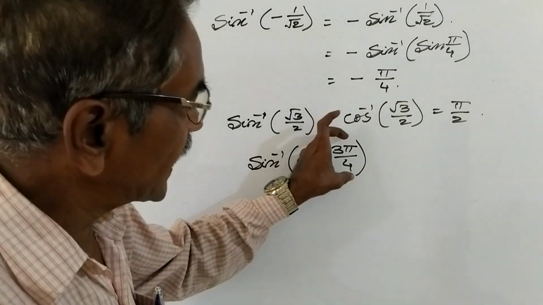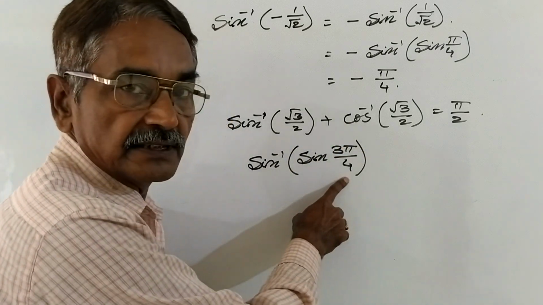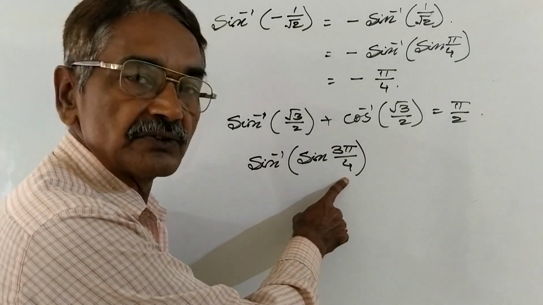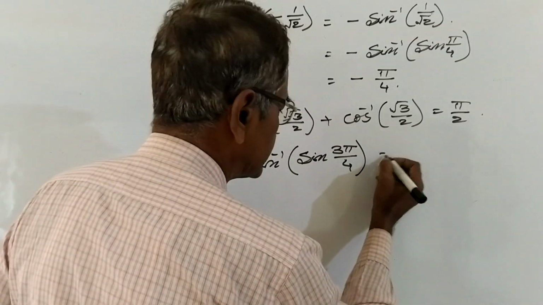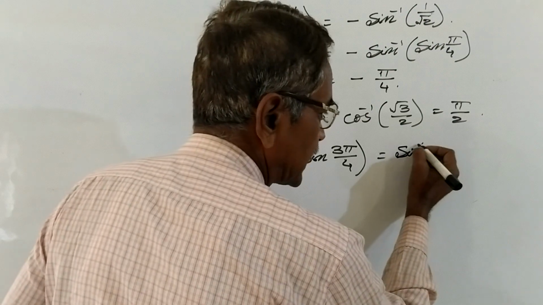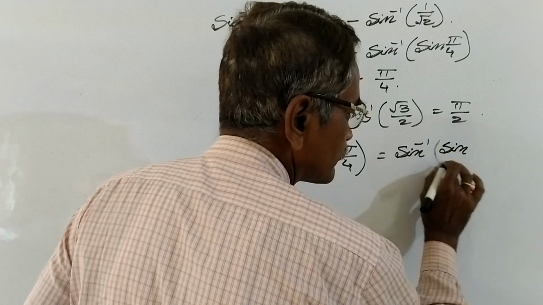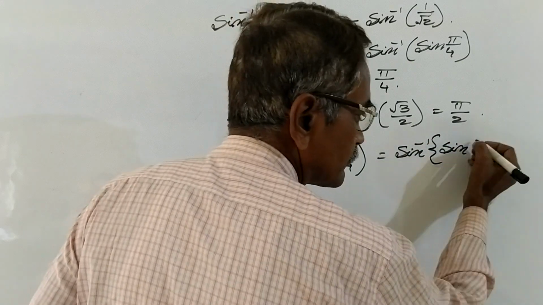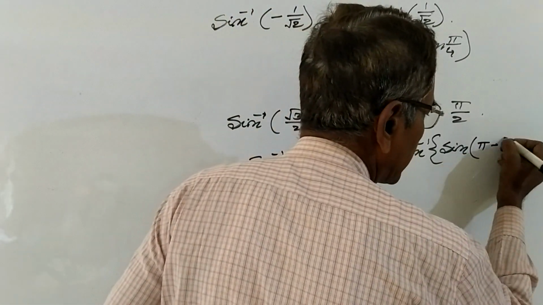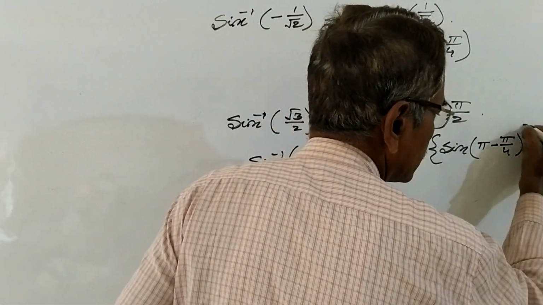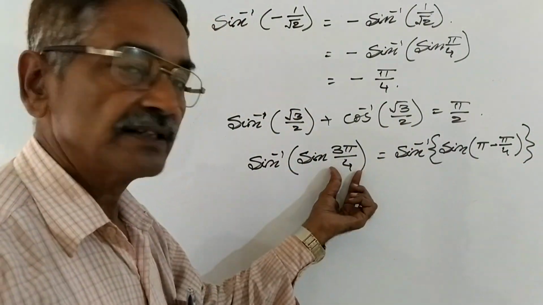So now it has to be brought within the limit, that is minus pi by 2 to pi by 2. So we'll change here, we'll write sine inverse sine (pi minus pi by 4). Now see, pi minus pi by 4 becomes 3 pi by 4.